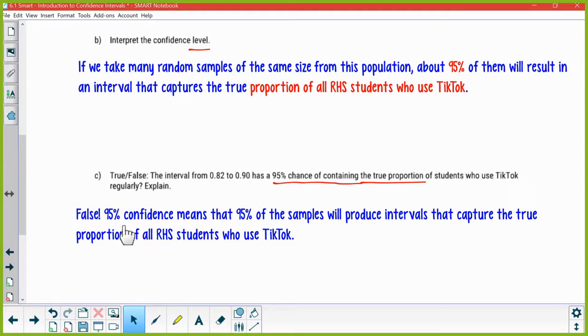So I said false. 95% confidence means that 95% of the samples will produce intervals that capture the true proportion of all RHS students who use TikTok, not the chance of containing the true proportion. So it's just capturing it 95% of the time. It's not necessarily a probability. It's a proportion.